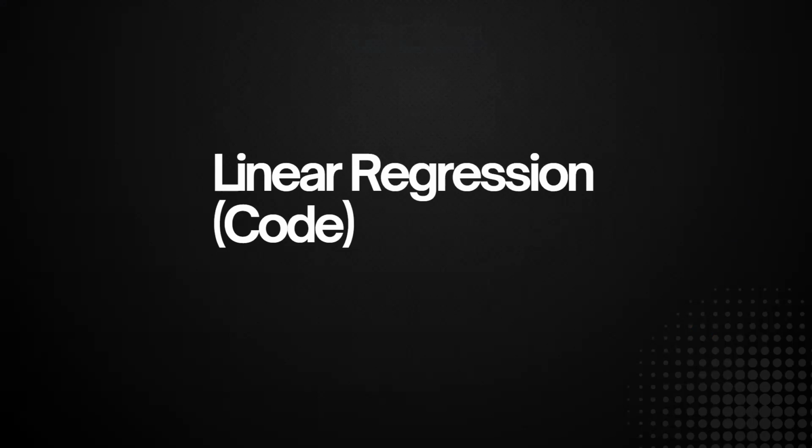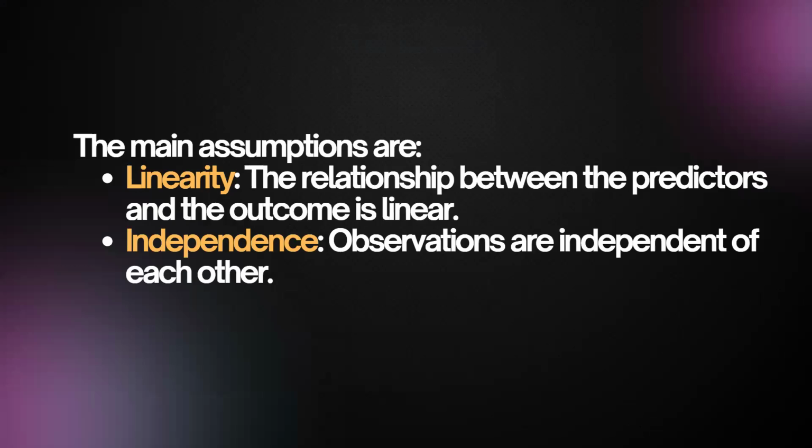Okay, cool. Let's continue. The main assumptions for linear regression: the relationship between the predictors and the outcome is linear. That's one of the most important ones. And there needs to be independence, which basically means the observations are independent of each other. So if I've got x1, x2, x3, x4, xn, then I need to make sure that these are not correlated.